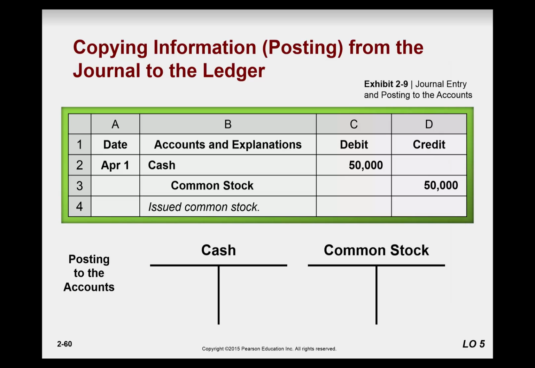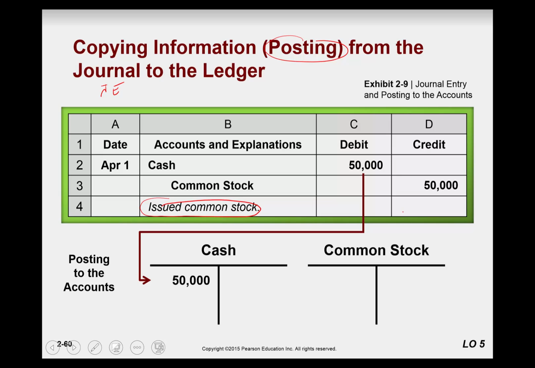So when you are taking information, what you do is you post the journal entry, JE, journal entry. So here is our $50,000 example, and exactly as we did, cash, common stock, our $50,000, and here is our explanation, issued common stock. So this is the journal entry format. Then when we're posting it to our T accounts, you'll see here you have cash, so this increases on the debit and decreases on the credit because it's an asset.